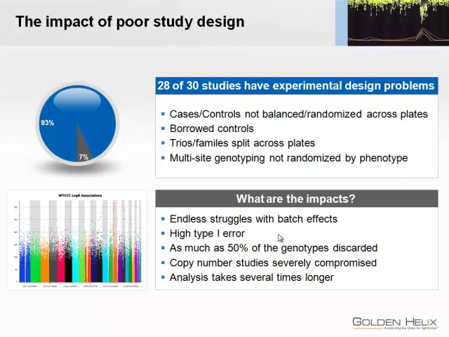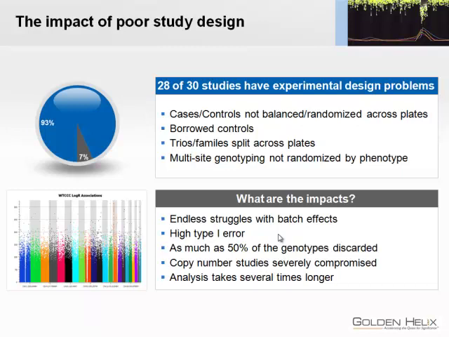This happens also when we try to do meta-analysis, combining studies, particularly when you use different microarray platforms. Splitting trios or families up is a particularly troublesome way to do the study. In other words, you want to make sure that your entire family unit is on the same plate and run at the same time.